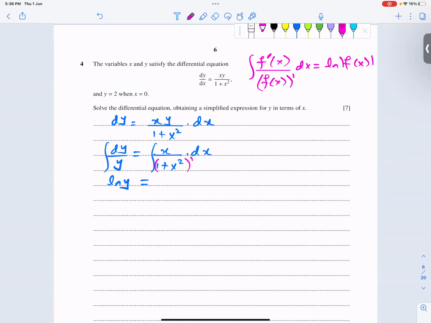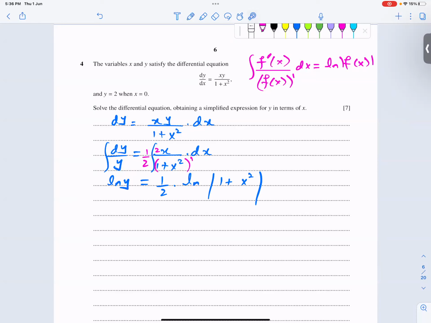But in the numerator we have just x, so we need to multiply it by 2 and then divide by 2. So the right hand side will become 1 over 2 times ln of the function, that is 1 plus x square, okay? Here our function is 1 plus x square and 2x is its derivative.